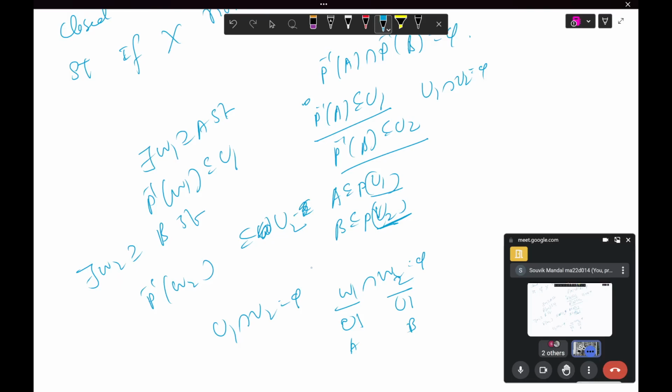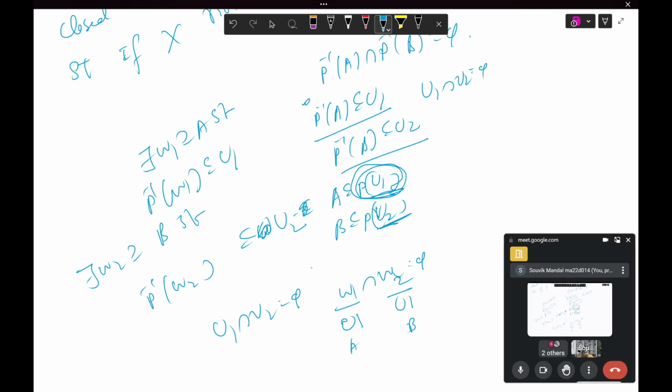Yes sir, but I didn't understand where my solution went wrong. No, your solution is correct, but the only problem was that p of U1 may not be open, that is, it need not be open. Sir, as you said, p is a closed map, so p sends every closed set to a closed set.